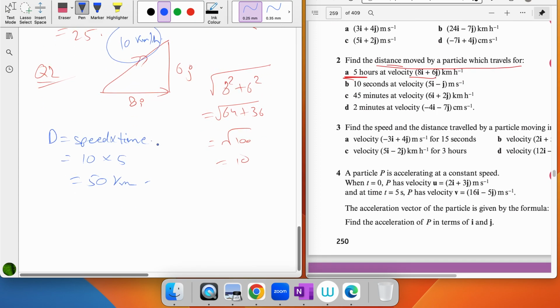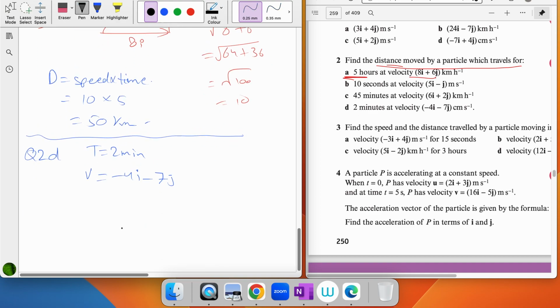D part, question 2, D part. Time is 2 minutes and velocity is minus 4i minus 7j, and we have to find the distance. Now minus, yes Mohammed, we have to use compatible units.